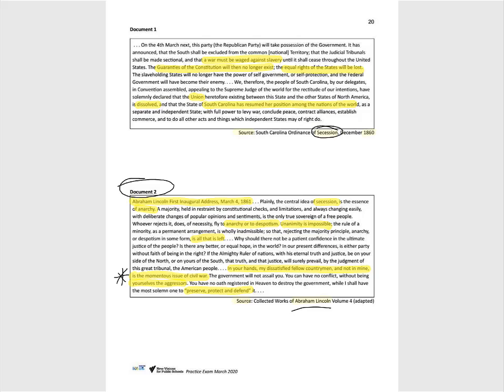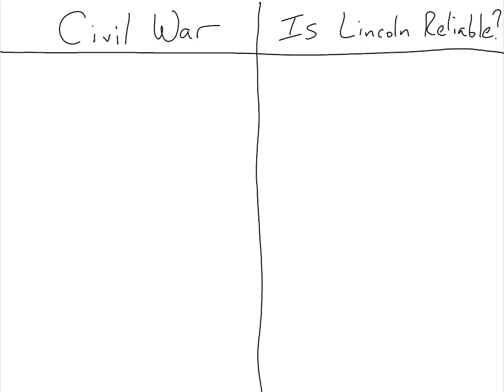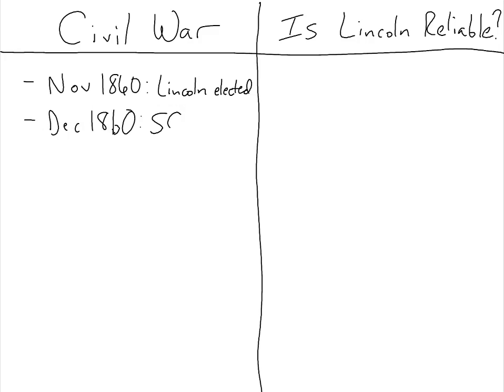So, going back to our outline, we have that, and this is outside information, in November of 1860, Lincoln is elected president. Election day is always in November. Then, in December 1860, South Carolina secedes. They are the first state to do so. If you remember, look at a map of states, and South Carolina is the single most dependent on slavery.